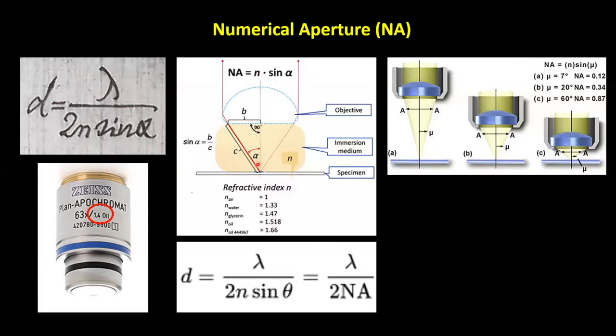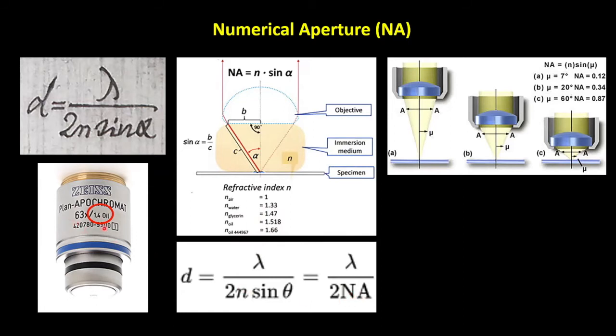For the common immersion media we use for microscopy, usually air is 1, water is 1.3, and glycerin is almost 1.5. Oil is more than 1.5, and there is special oil with an even higher refractive index. Based on this formula, the higher the refractive index, the smaller the D value, the better the resolution. Therefore, the larger the NA value, the better the resolution.